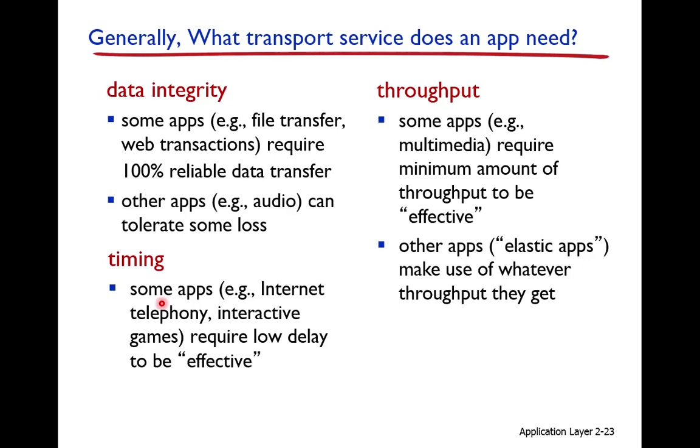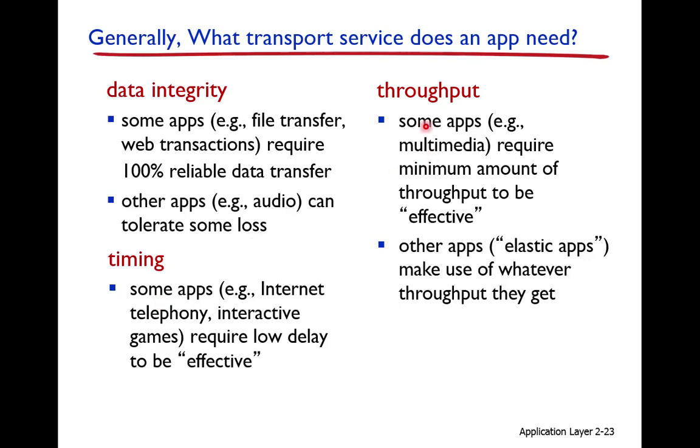But if you are watching a movie, the news, or a cricket match, your concern is that there should be no pause. It should be displayed as it is happening.